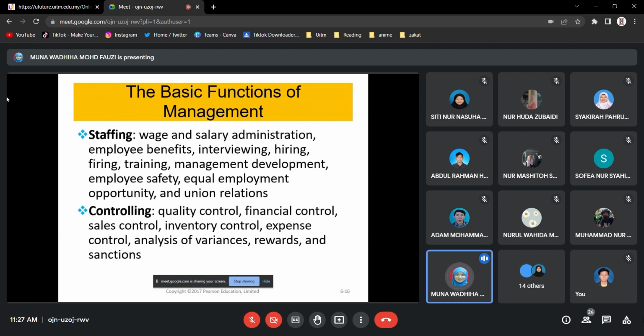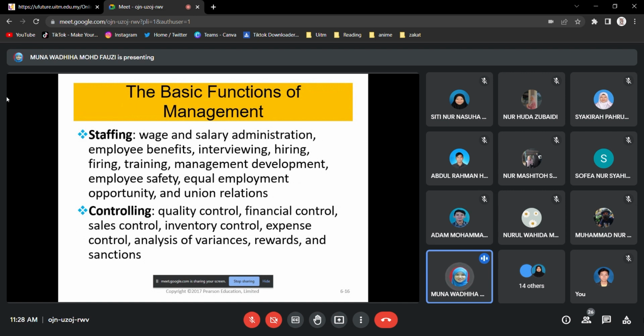All right, and then about staffing, it is based on wage, salary administration, employee benefits, interviewing, hiring, firing, training, management development, employee safety, equal employment opportunities, union relations. So staffing is more on how the organization takes care, meaning to say, looking after the welfare of every worker in the organization.